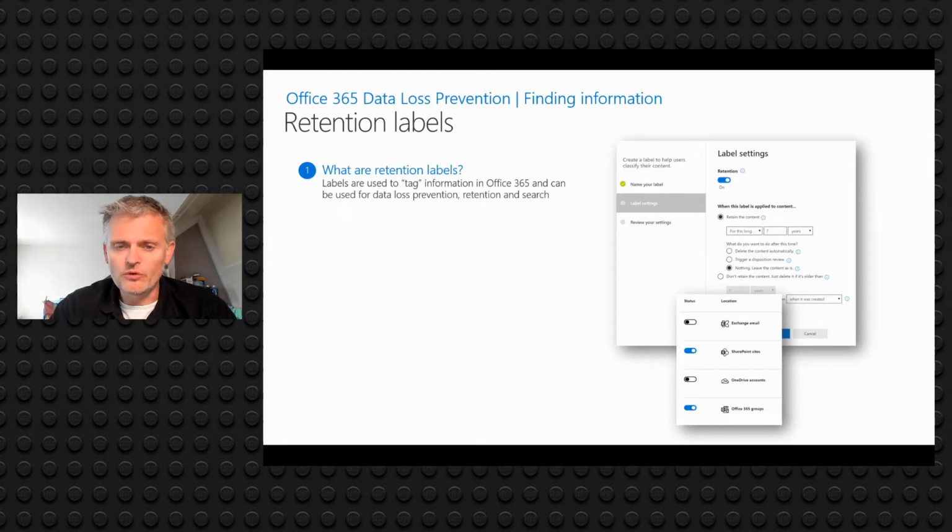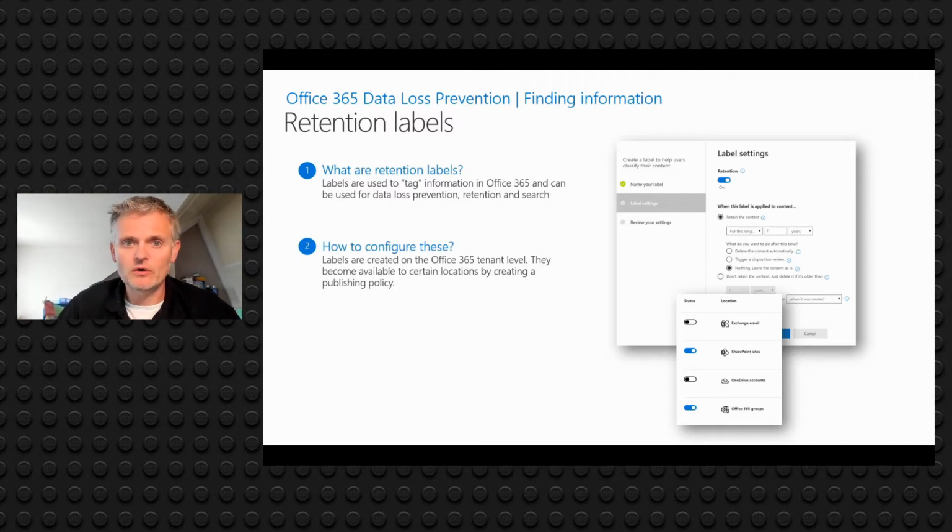But one of the things you need to know is that a retention label is used to tag content over a variety of platforms within Office 365 and can then be used to either search for that information and of course use retention like disposition or retaining it for a couple of years and then deleting it, but also for data loss prevention. So that's a very cool thing.